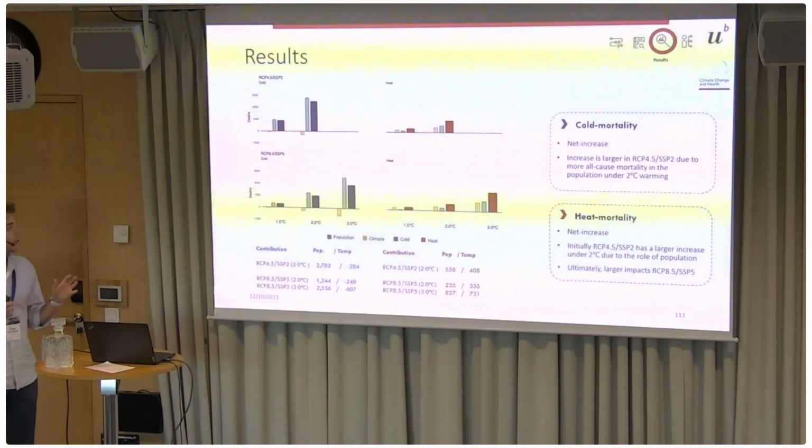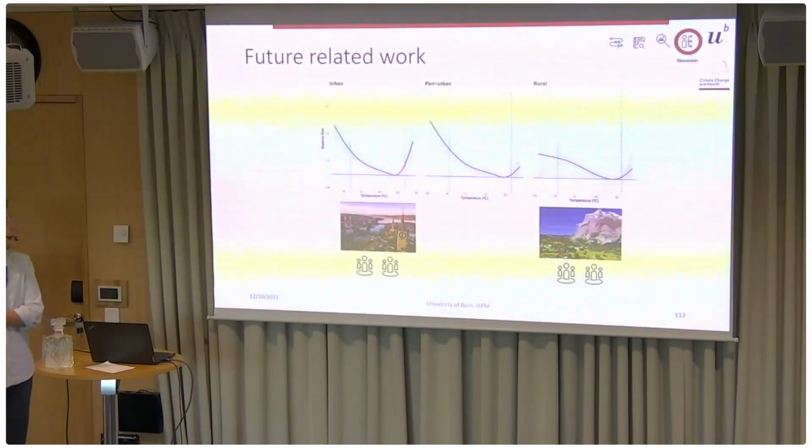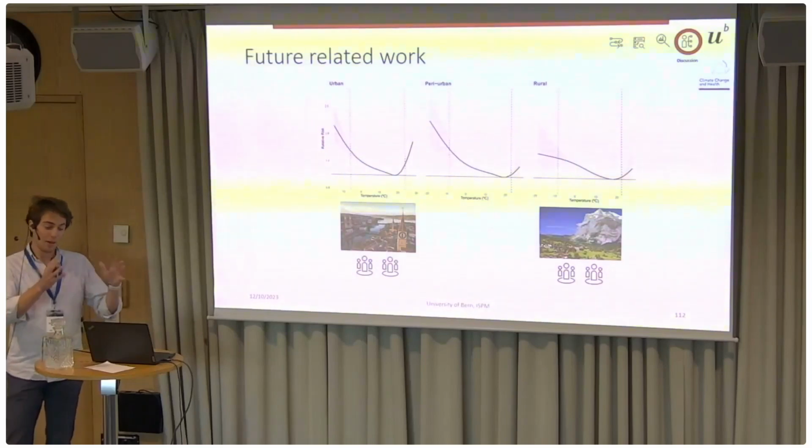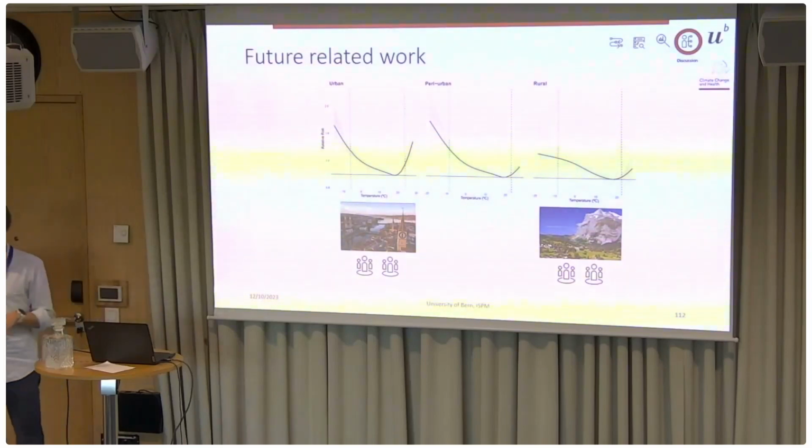So that is the main result for heat, and we can say that there's a large net increase also in heat and in cold. So when we move a little bit away from just population development, there's another aspect that should be considered, and that is currently in progress, and that is that we also look into urbanization. Because we know that urban areas tend to be much more vulnerable compared to rural areas, and this is particularly the case in Switzerland.